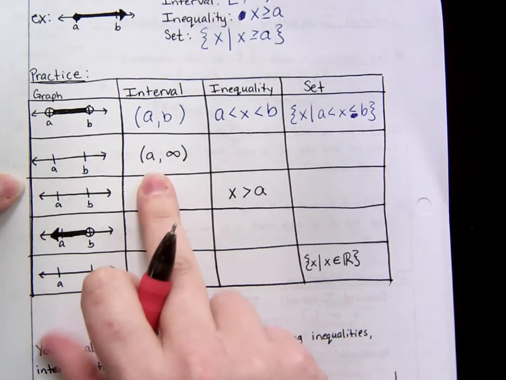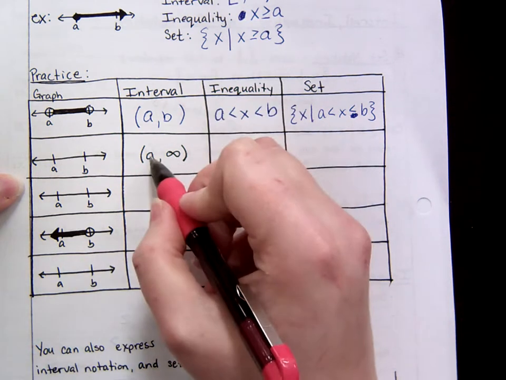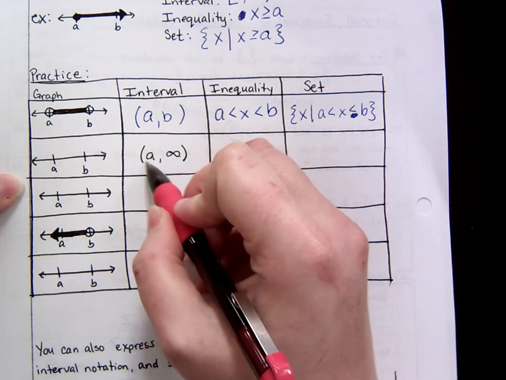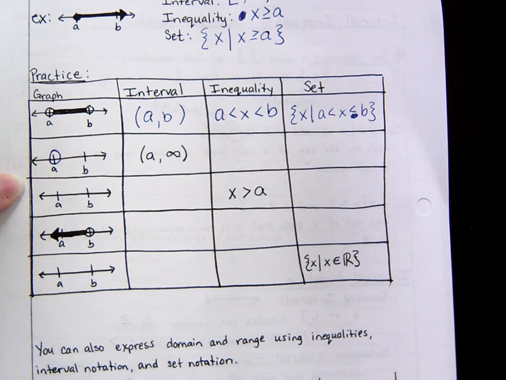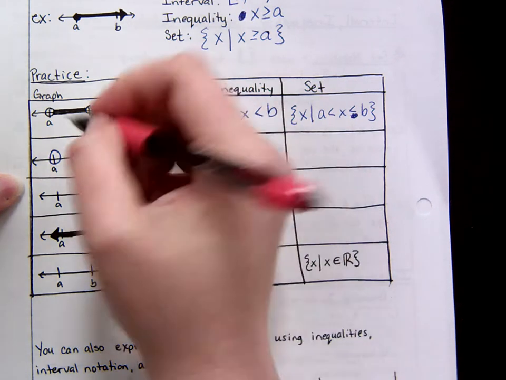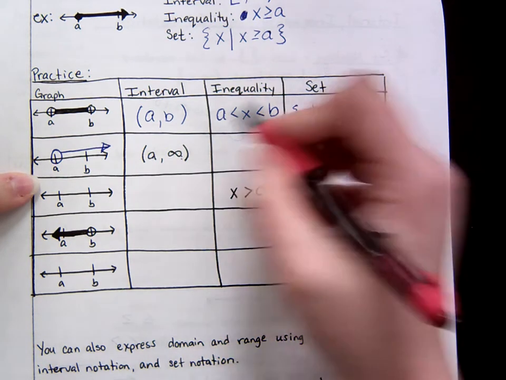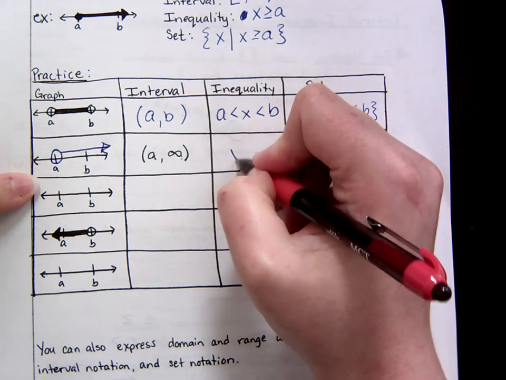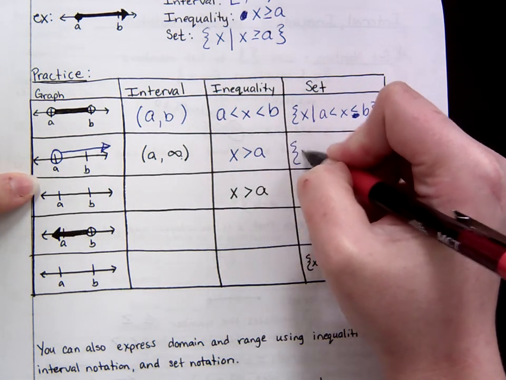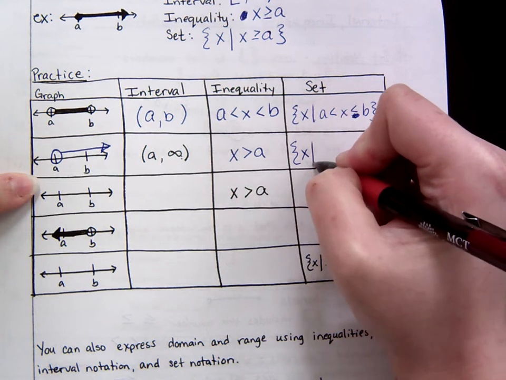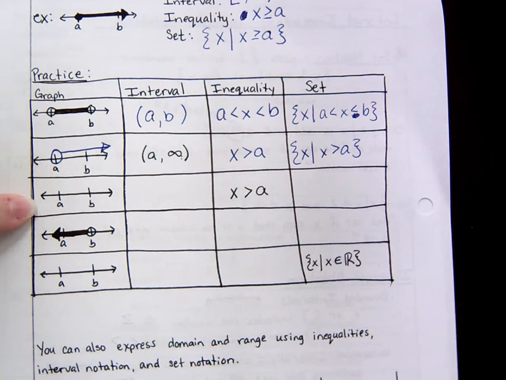So if I have interval notation that says it goes from A to infinity, well, this is my small, this is my big, so the lowest is here at A, and the parenthesis tells me it's an open circle. This positive infinity tells me it goes to the right without limit. The inequality for this would be x greater than A. And the set notation would be set of x such that x is greater than A. Okay.